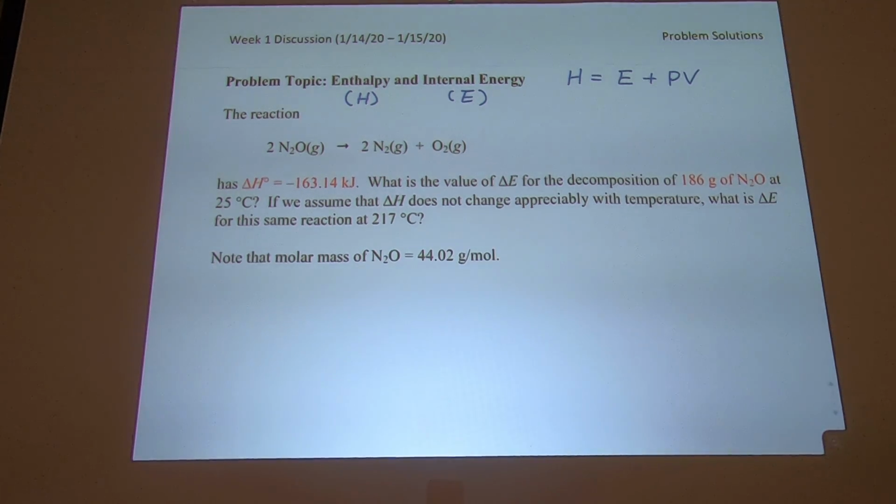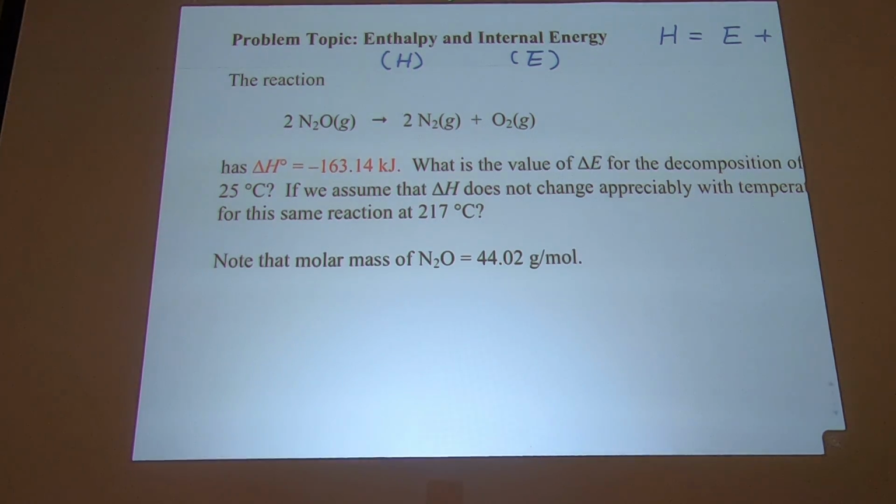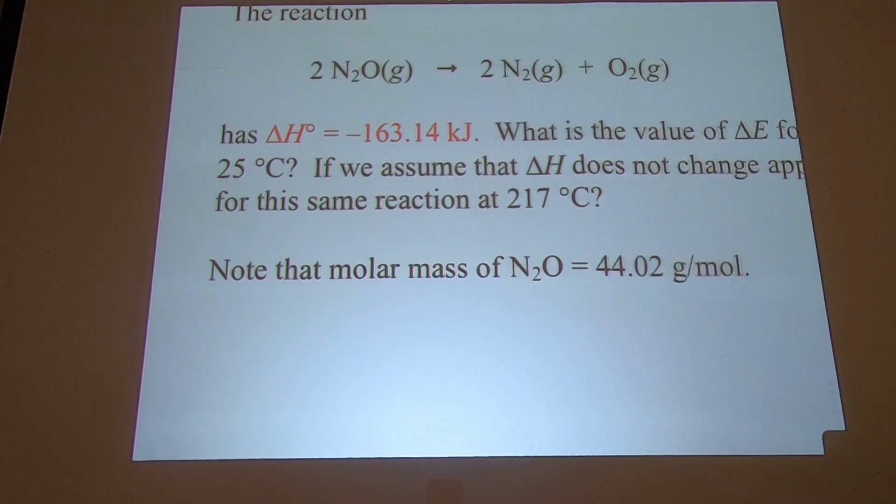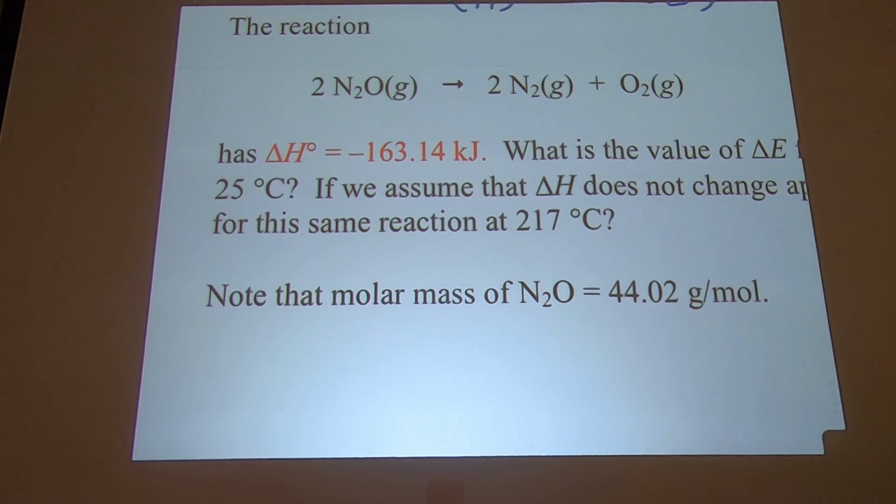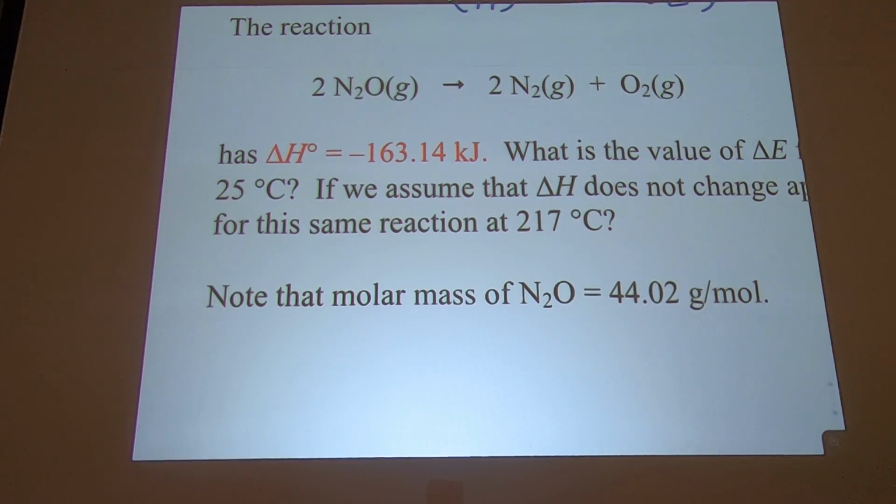So the problem is actually misleadingly simple, and it is not that hard if you understand exactly what this means. So let me complain about this information. I know delta H is a certain energy, I got that, but what is this?